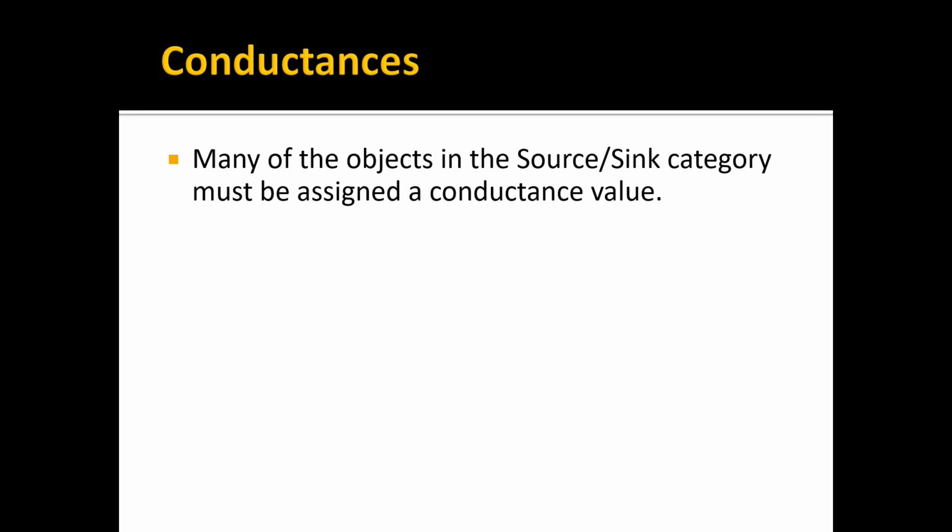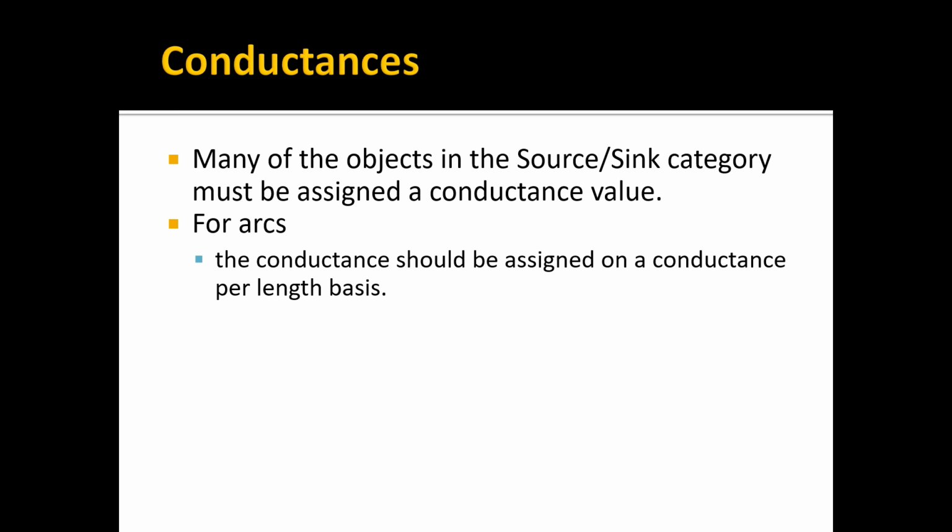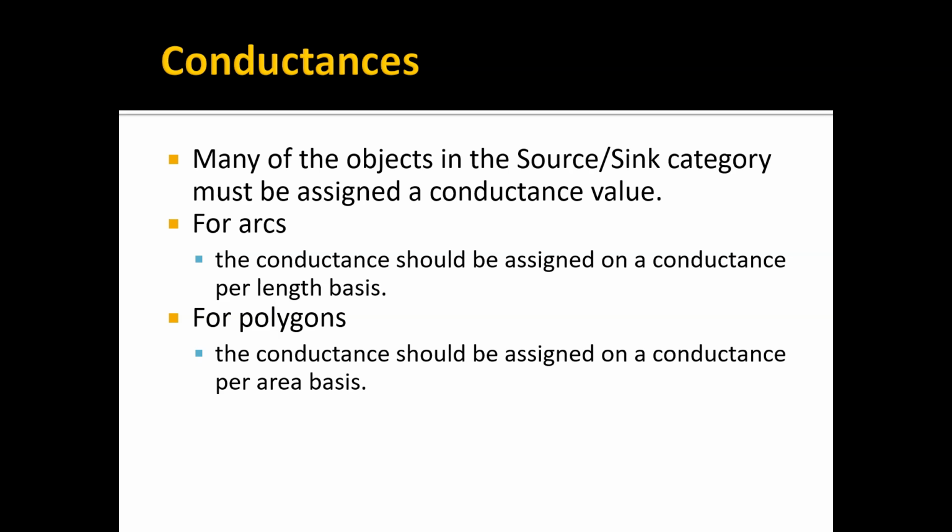Everything we've talked about so far has been the actual conductance you would assign to a cell. But now we have to do things a little bit differently. For arcs, the conductance should be assigned on a conductance per unit length basis. And for polygons, the conductance should be assigned on a conductance per unit area basis.